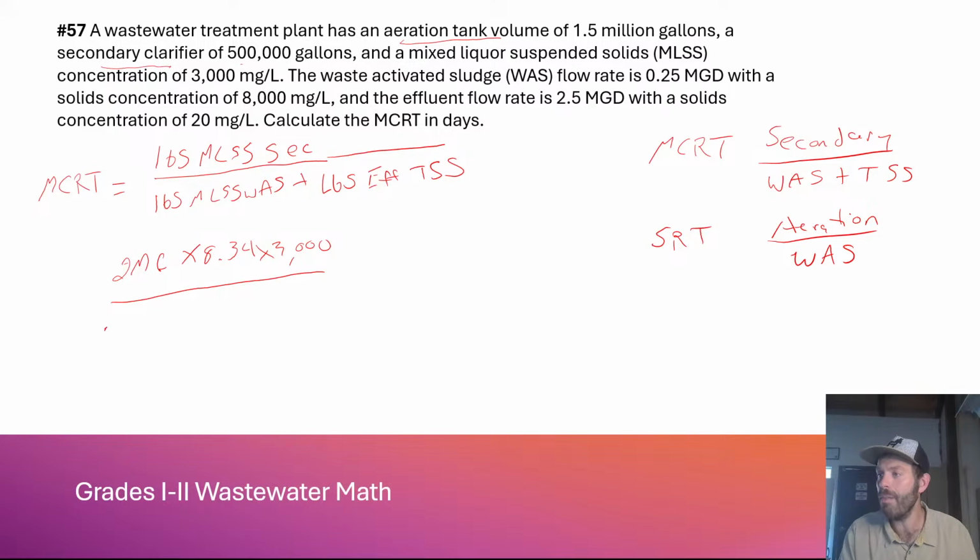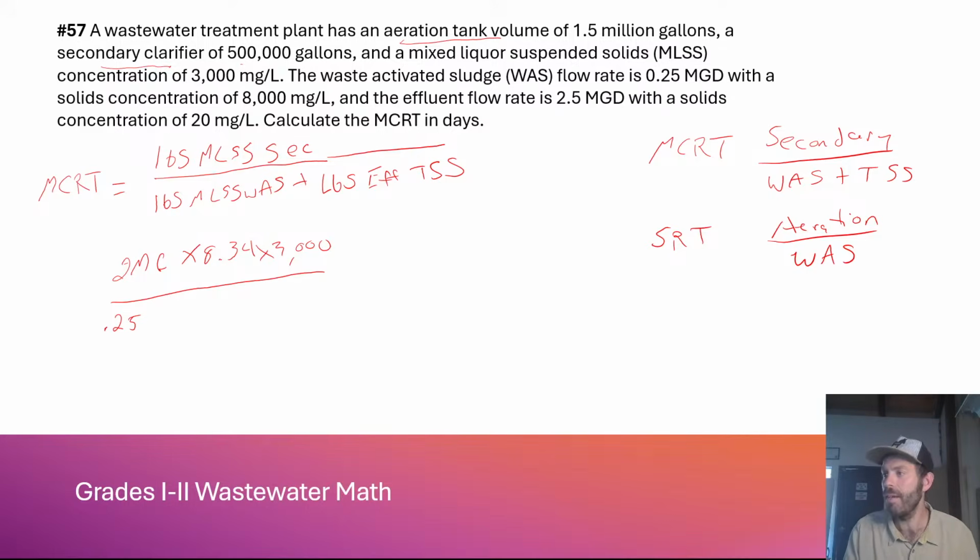Be prepared for them to give you a flow rate in GPM, gallons per minute, and you convert that to million gallons per day. So if it's a 30 gallon a minute pump or a 10 gallon a minute pump, multiply that by 1,440 minutes in a day. That gives you gallons per day, and then divide by 1,000,000.